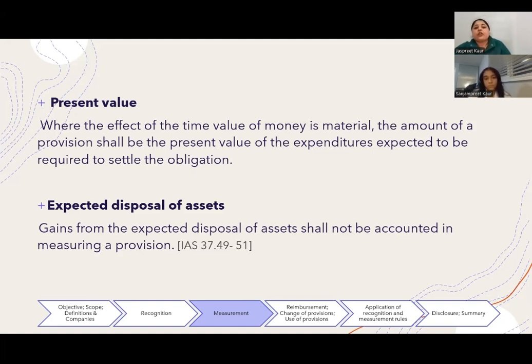And then if we talk about the expected disposal of assets, any gains that are recognized are not measured as a provision, because there is a separate IAS and IFRS for measuring and recording non-current assets held for sale, and property, plant, and equipment. So we should not measure or recognize any provisions for gains on disposal of assets.